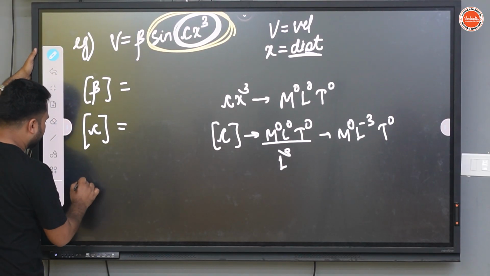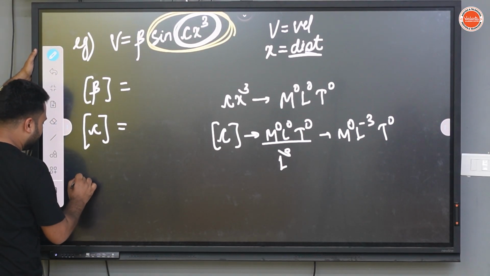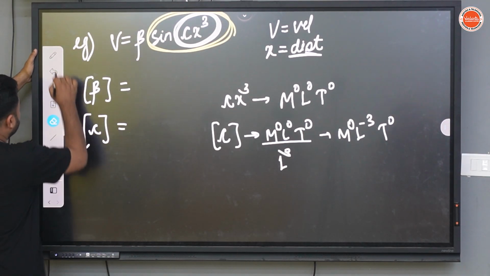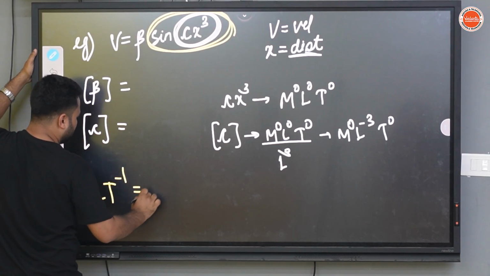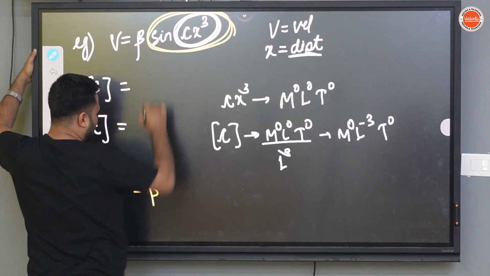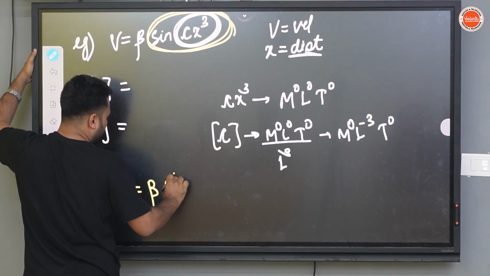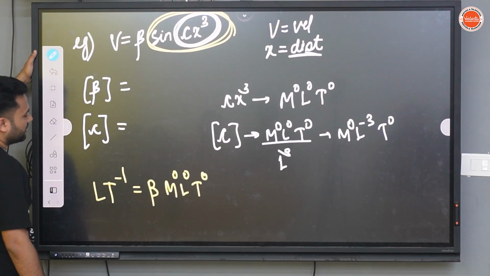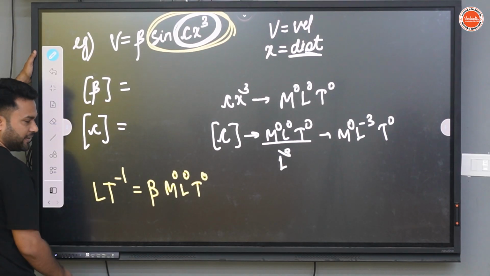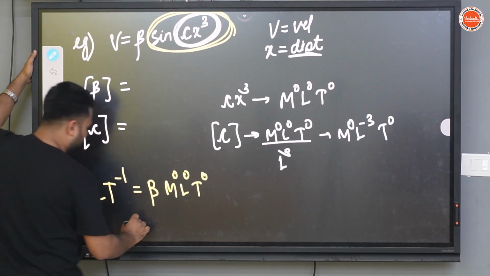See, velocity dimension. Velocity is what? Meter per second. So meter per second equals beta, and this has no dimension, so M0, L0, T0. So beta, what can we write? This will go down from here.